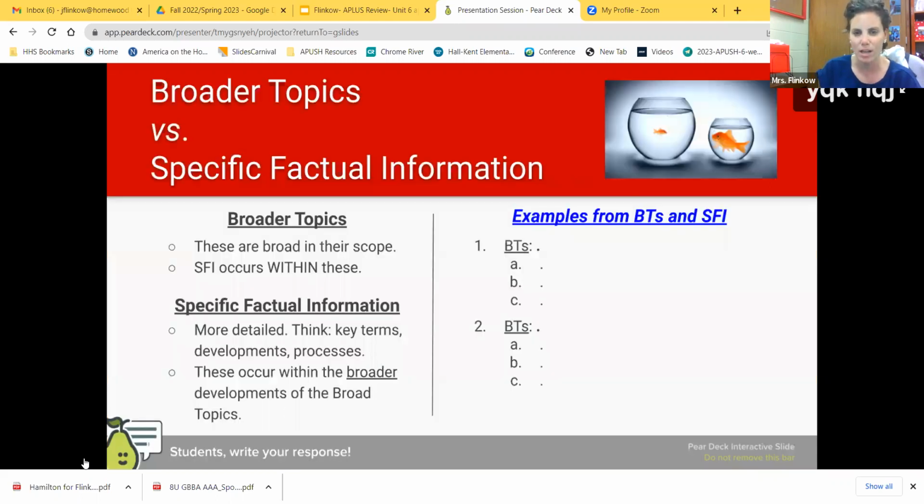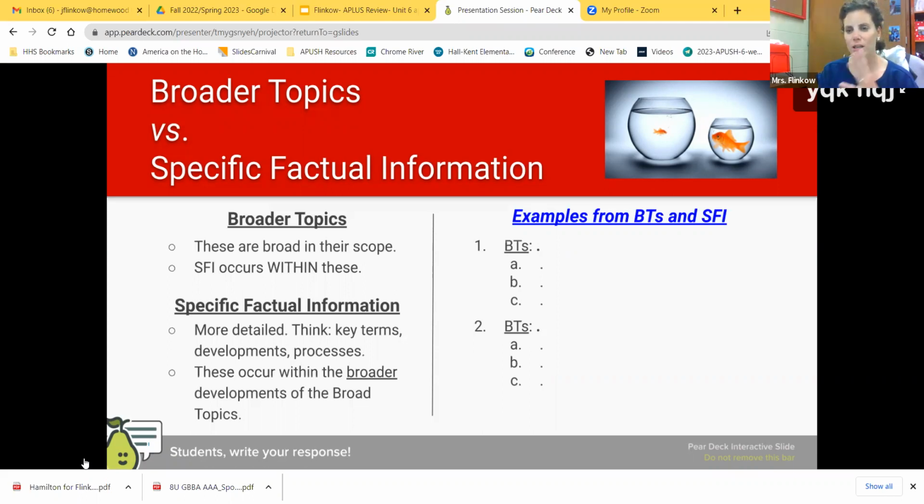What this looks like is the broad topics. Think big topics: American Revolution, industrialization, imperialism, World War II.